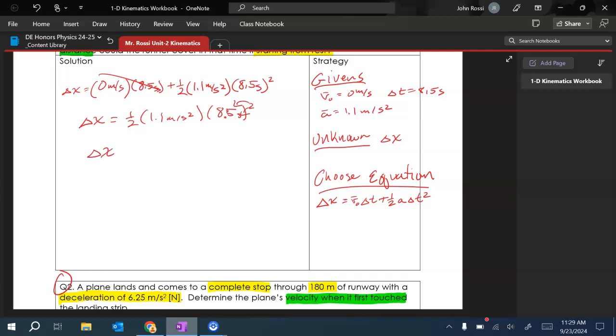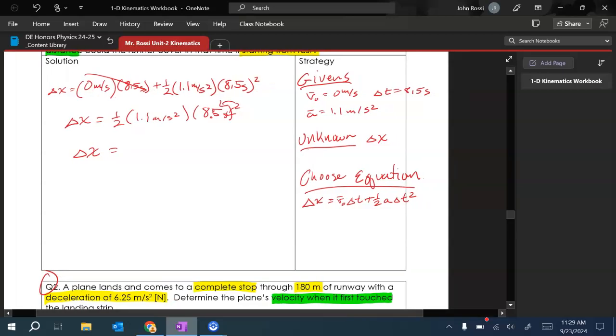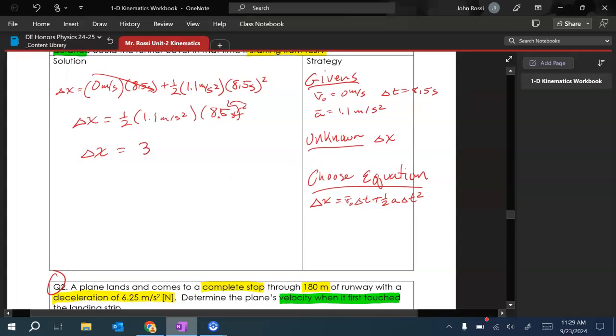The delta x, when you boil it down and punch it in your calculator, was about 39.74. If you want to do sig figs, of course you want to do sig figs, I've got 2 sig figs.